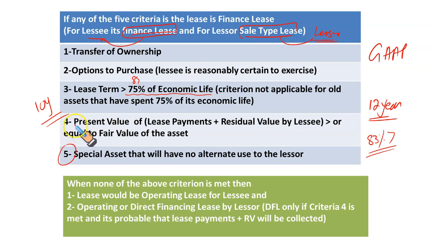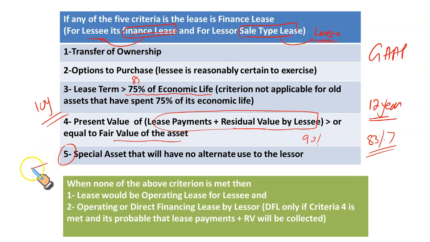Fourth, the present value of lease payments that the lessee will pay to the lessor plus residual value. If their present value is more than 90% of the fair value of the asset, it will be classified as a finance lease for lessee and sales type lease for lessor.